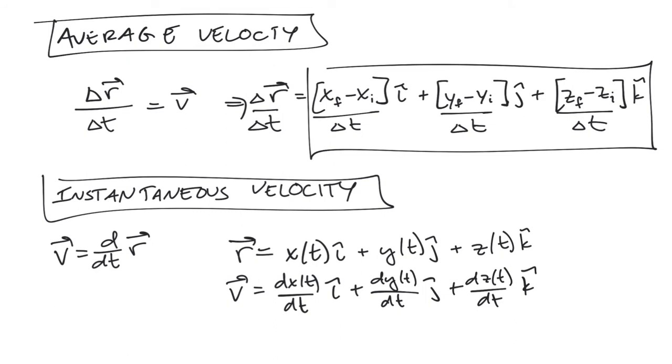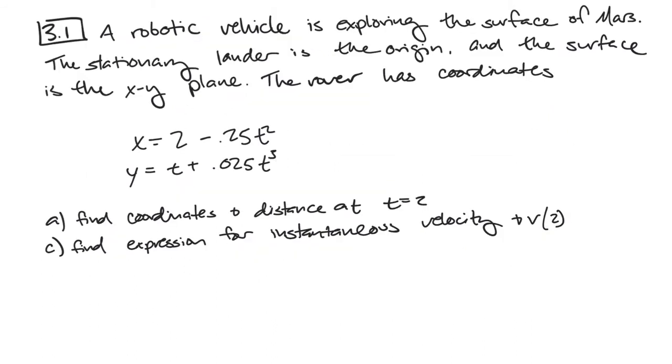So let's go ahead and do an example that covers that. This is example 3.1 from the book. My Wi-Fi out here is sucking, so I'm just going to write the problem down for you. So the question says, a robotic vehicle is exploring the surface of Mars. The stationary lander is the origin and the surface is the xy plane.